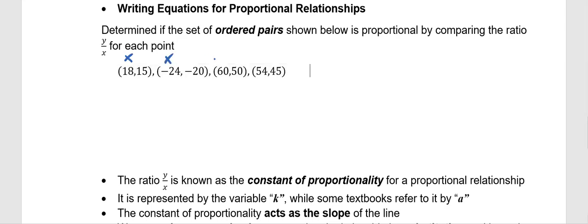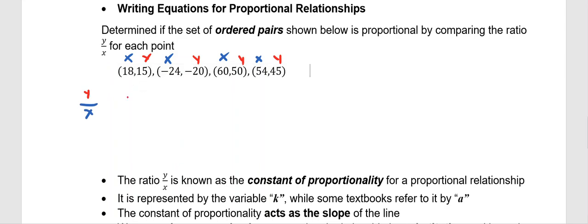So I'm going to mark all my x values. I'm going to then go back and label what would be all my y values. And I'm going to quickly do my analysis of y over x. So there's y over x. So let's see.